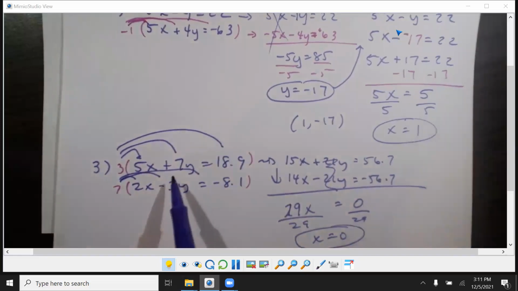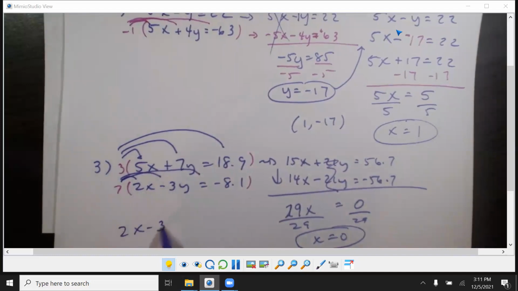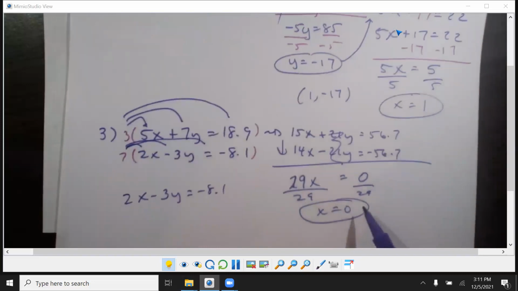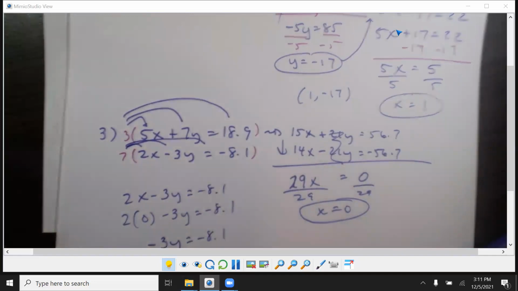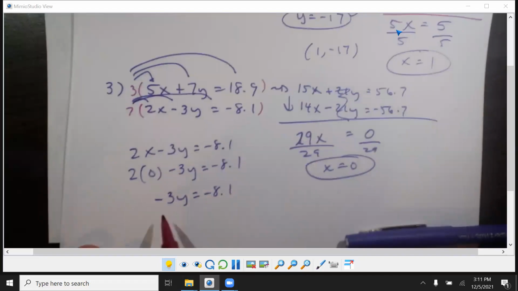So now I pick either one of these, and I'm going to pick the bottom one this time. So we'll say 2x minus 3y equals -8.1. X is going to be 0, so it'll be 2 times 0. Now this becomes 0, so now I have -3y equals -8.1. I'm going to divide both sides by -3.